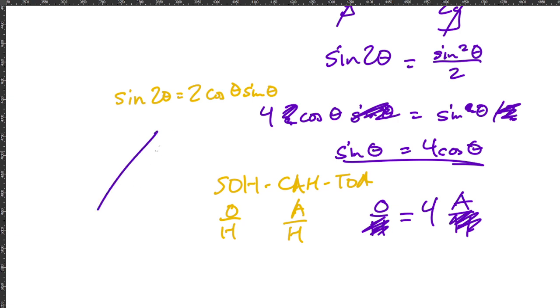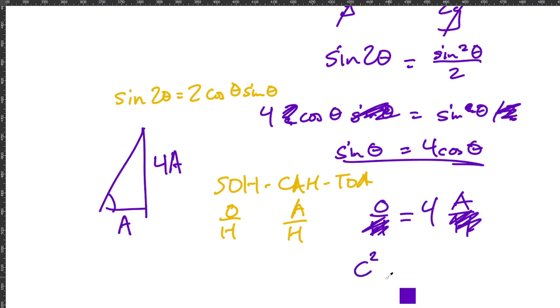That means if we draw a triangle, we have an angle here, and we know that our adjacent is going to be that, and our opposite is 4 times our adjacent. That means, by the Pythagorean theorem, this hypotenuse, c squared is equal to a squared plus b squared.